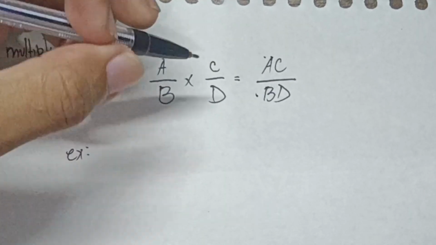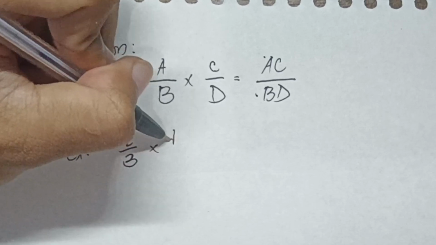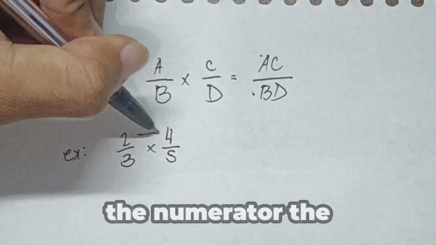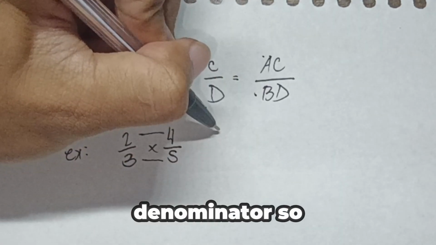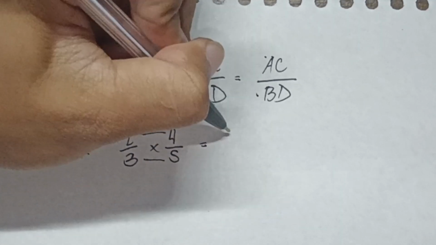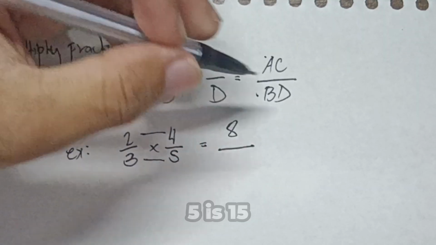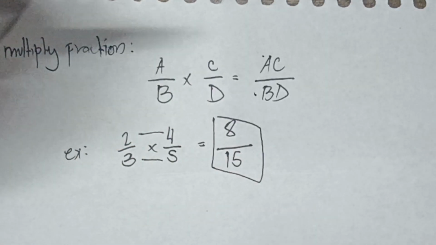For example, 2/3 multiplied by 4/5. If you just multiply the numerator to numerator and denominator to denominator, 2 times 4 is 8, and 3 multiplied by 5 is 15. That's the answer.